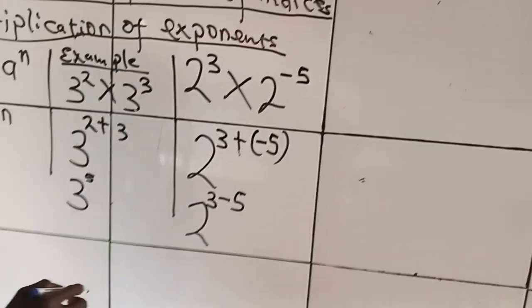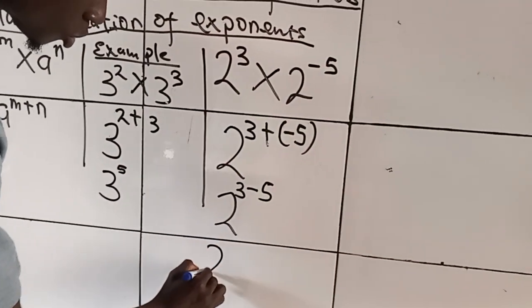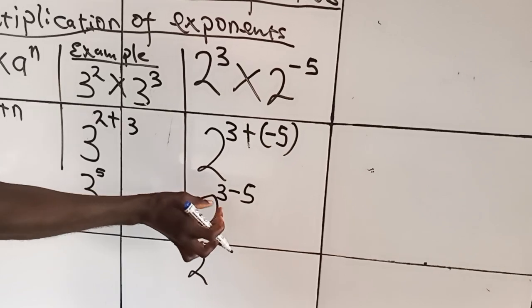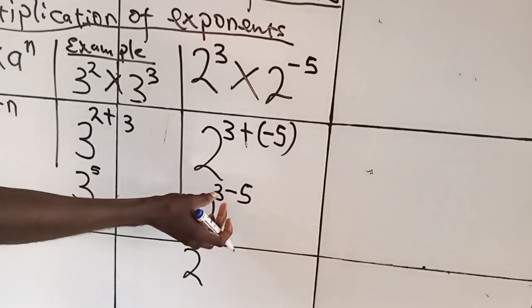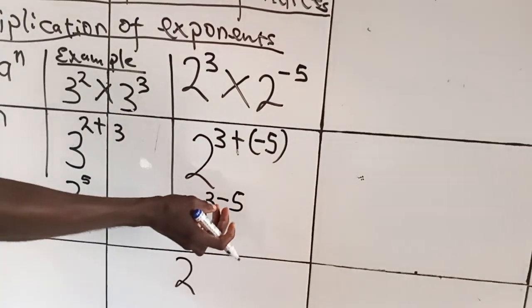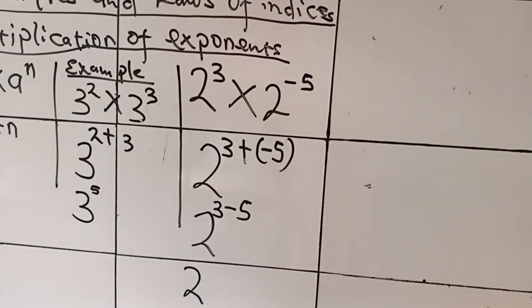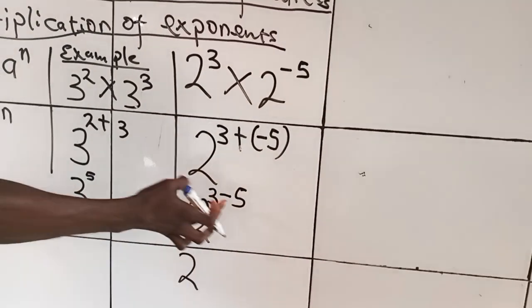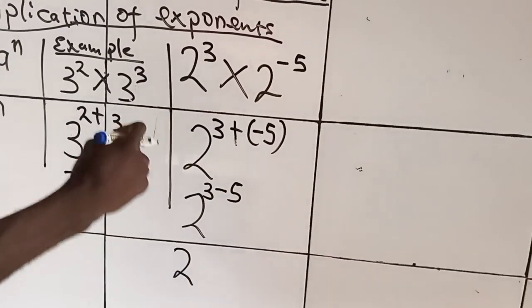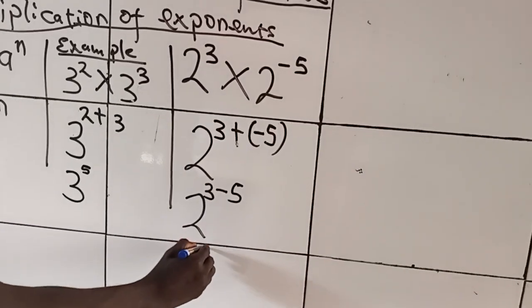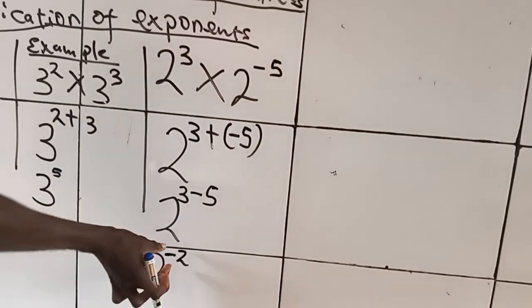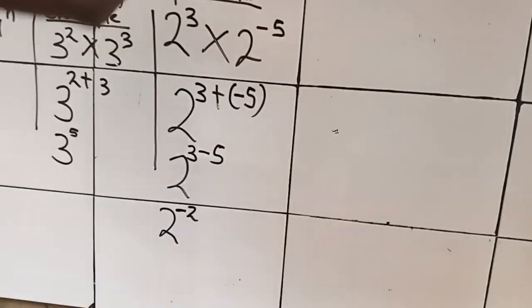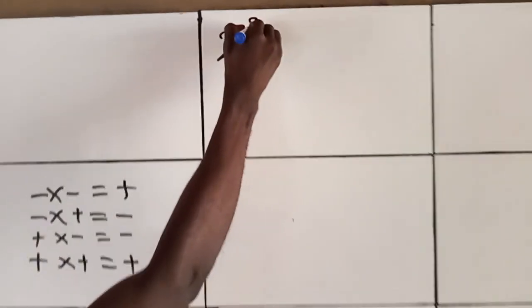So we are going to have 2 raised to the power of, this is 3. You cannot take 5 from 3, so you need to borrow 2. You are going to have minus 2. Because of this negative sign here, we have 2 raised to the power of minus 2.